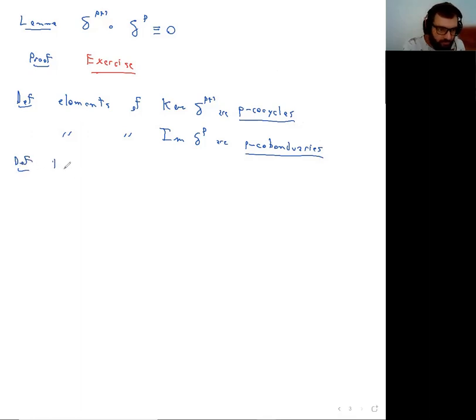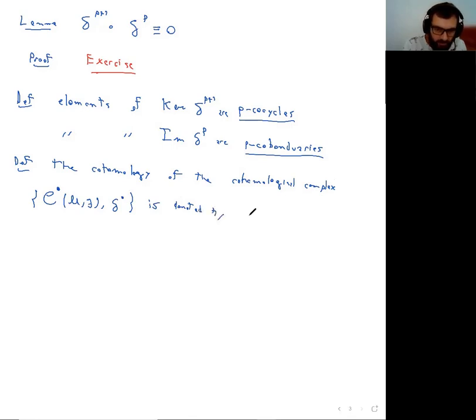And so the cohomology of this cohomological complex C dot (U, F) with delta dot is denoted by H dot with the check symbol here to remember, check, U, F, and it is called the Czech cohomology.